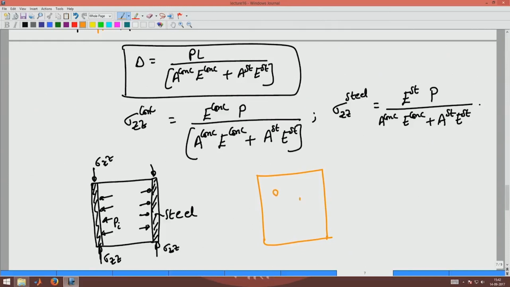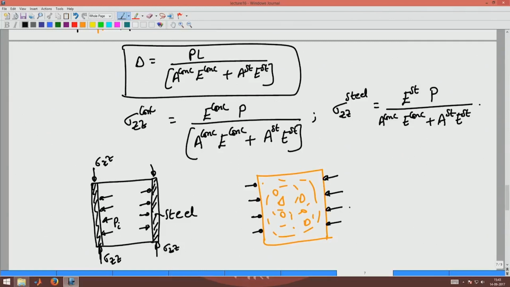pipe, there will be the counterpart of this Pi, Newton's third law coming into effect.